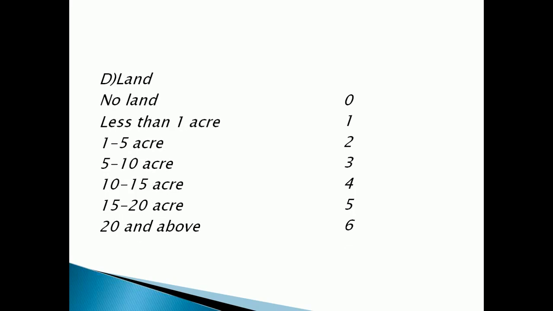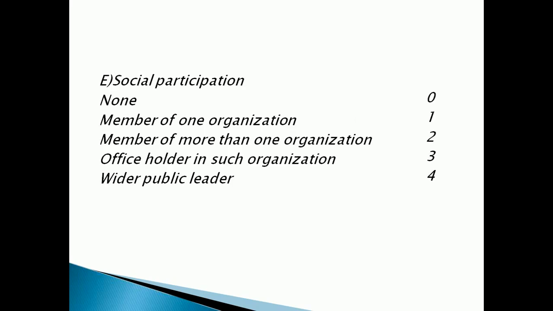Then land: no land 0, less than 1 acre 1, 1 to 5 acres 2, 5 to 10 acres 3, like that, 20 acres and above is 6. In social participation, if the person is not participating in any social activity, that is 0, member of one organization 1, member of more than one organization 2, office holder in such an organization 3, wider public leader 4.